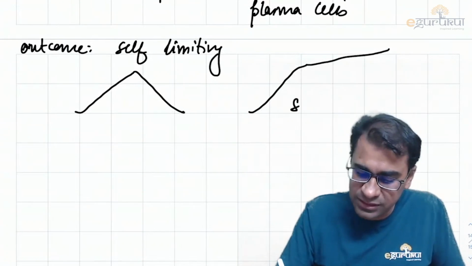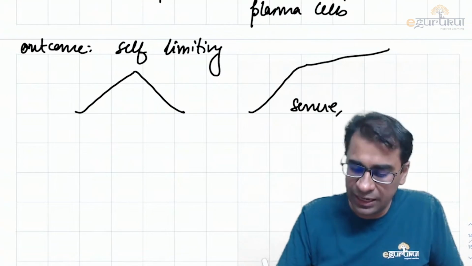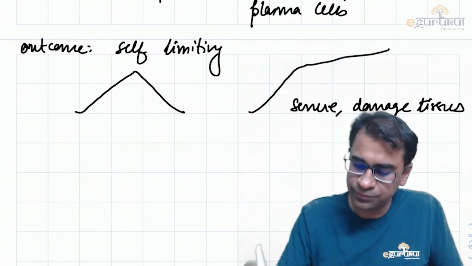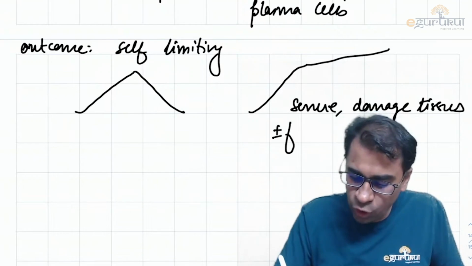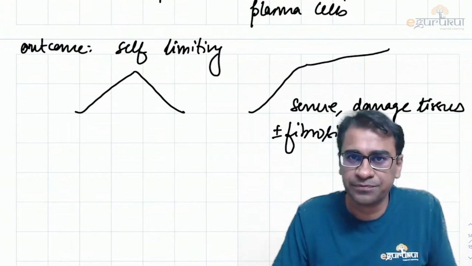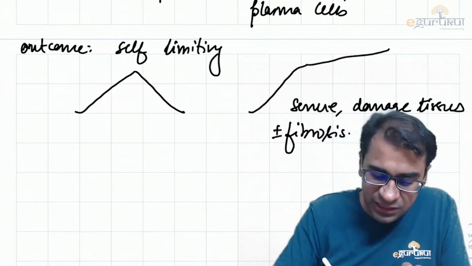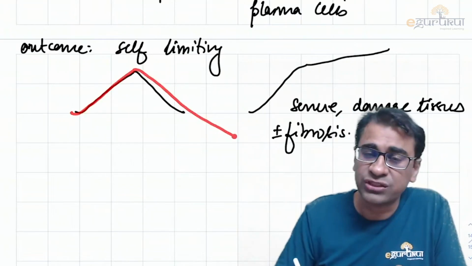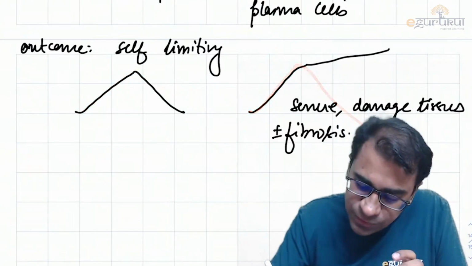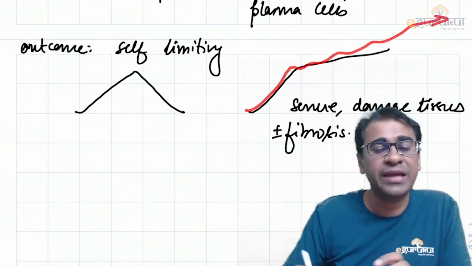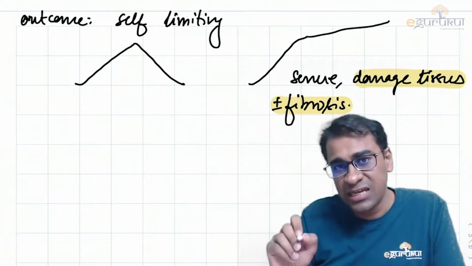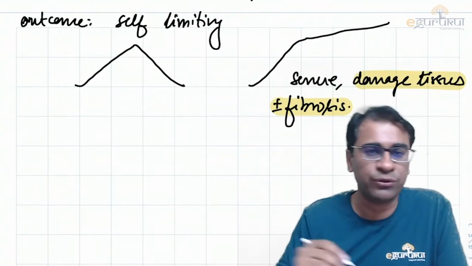Chronic inflammation can be severe, it damages tissues, and along with that it can lead to fibrosis. So basically, acute starts and stops. Chronic starts and does not stop. It keeps on moving ahead, keeps damaging tissues, and at the same time leads to fibrosis.